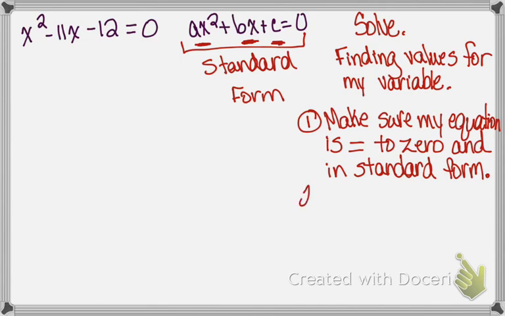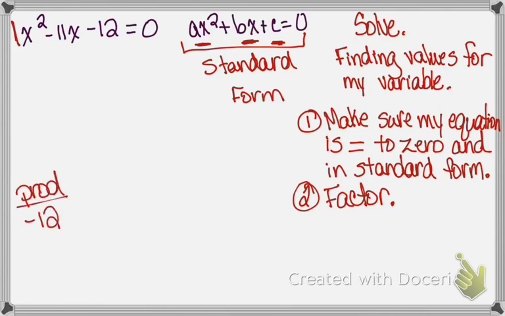My second step is to factor. Okay? That's my second step. So I am going to factor this problem right here. Now, my a value is 1, so that makes factoring a little bit simpler. Okay? I look for a product of negative 12 and a sum of negative 11.